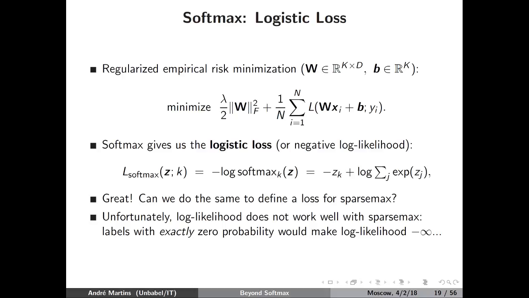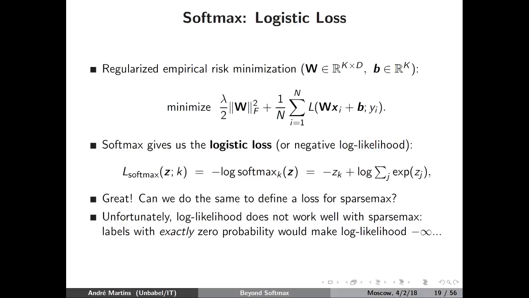In the case of softmax, the natural loss function to use is the logistic loss, or negative log likelihood, which is basically computing, for a given point xi, z by taking a linear transformation of xi, and k is the ground truth label. So the logistic loss is just minus log of the probability of label k, which is the kth coordinate of softmax applied to z, right?